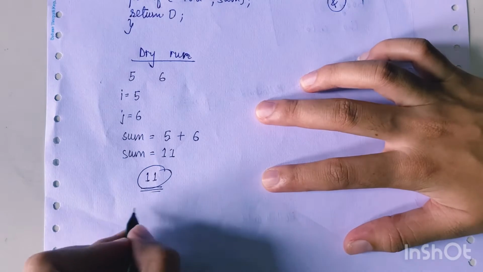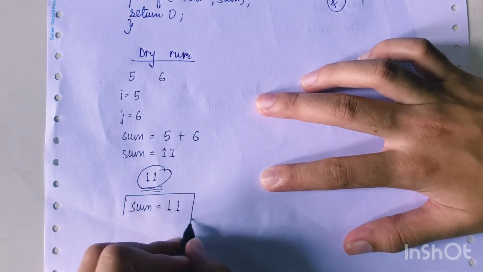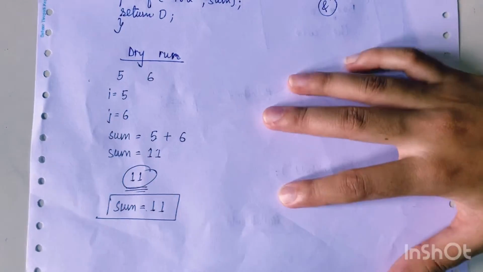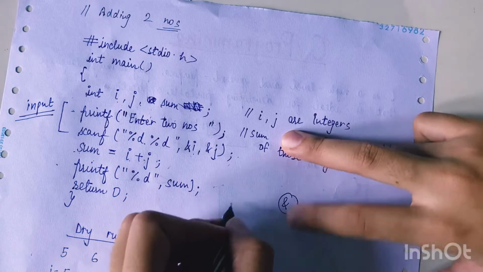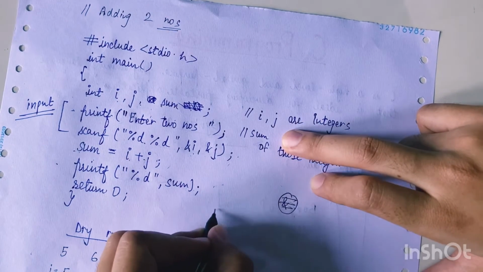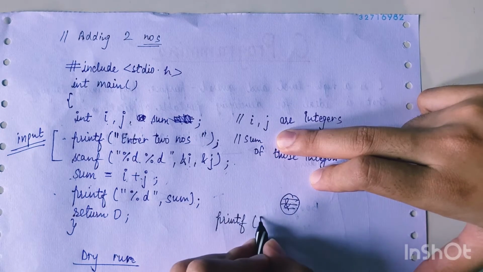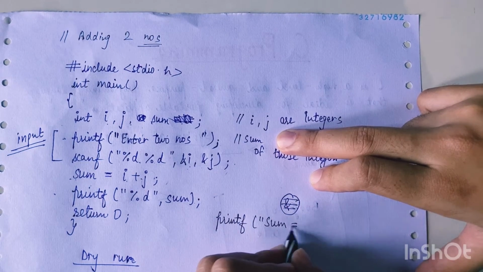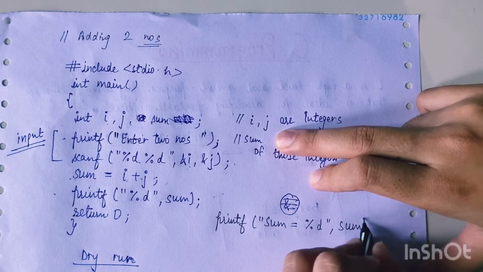This is how we write it. And if you want to print the whole statement, sum is equals to percent d, then instead of this we will have to write printf, sum is equals to percent d, sum.